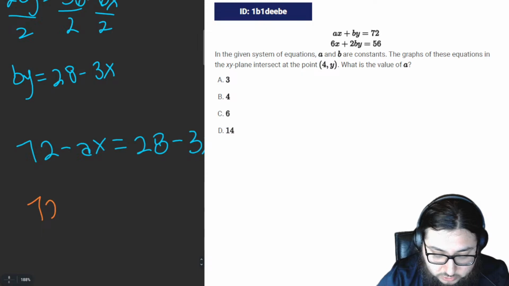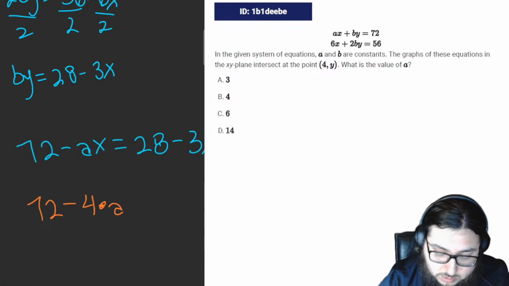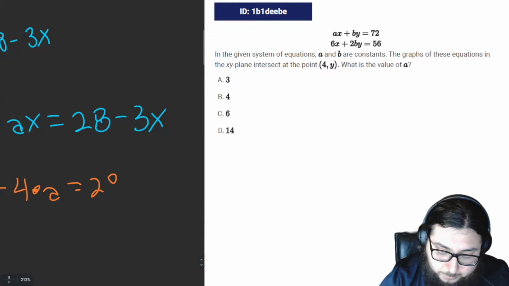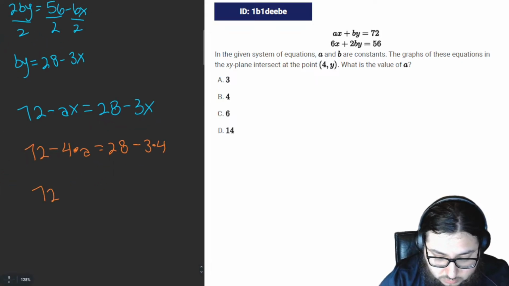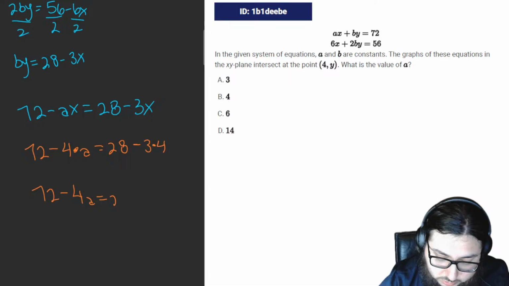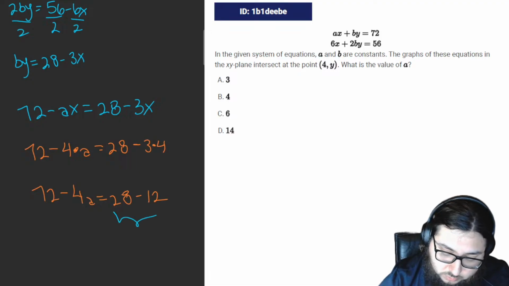So we have 72, substitute 4 for x. 4 times a is equal to 28 minus 3 times 4. So then we have 72 minus 4a is equal to 28 minus 12. 28 minus 12 is 16.